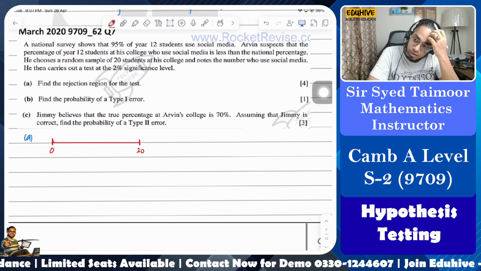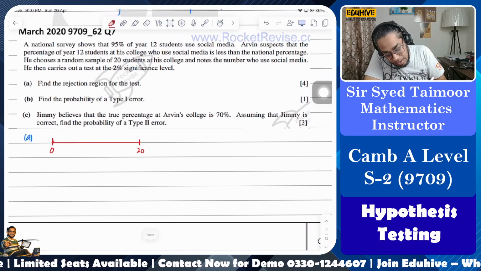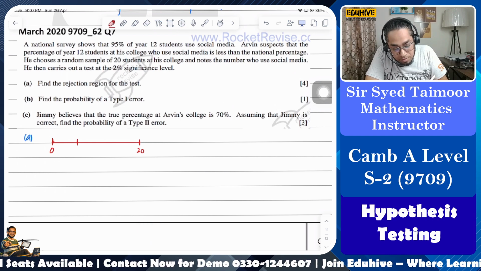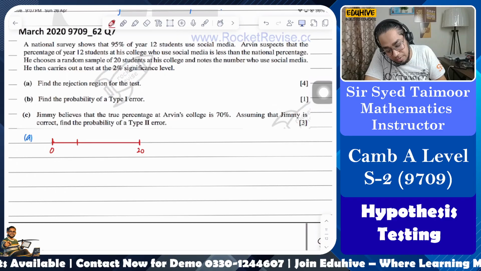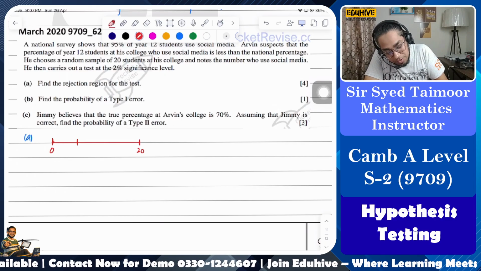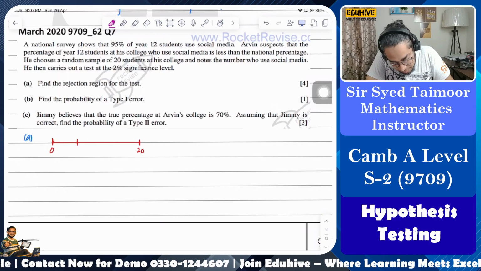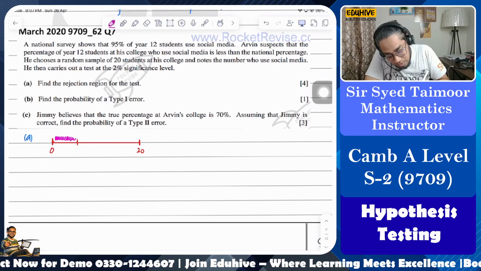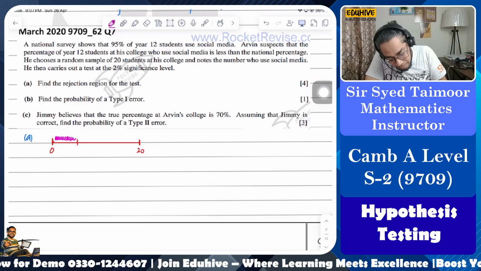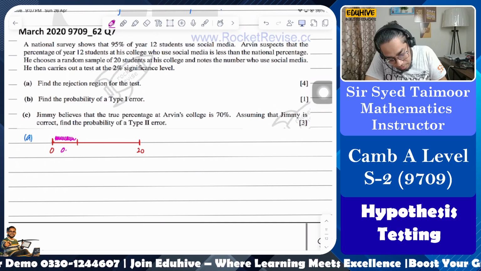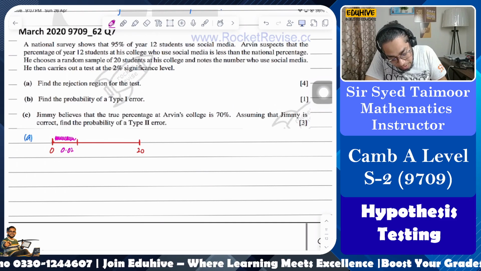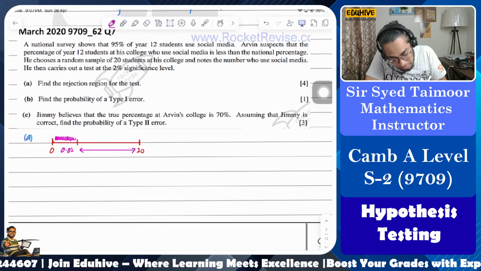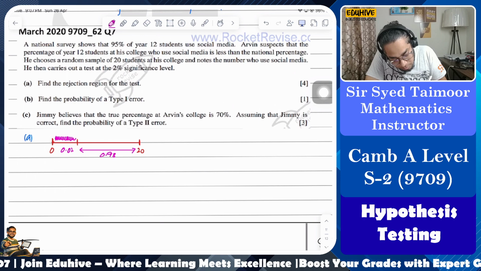So it must be a less than test. This portion will be the critical region, 2% level of significance. So it must be 0.02, and this must be 0.98.